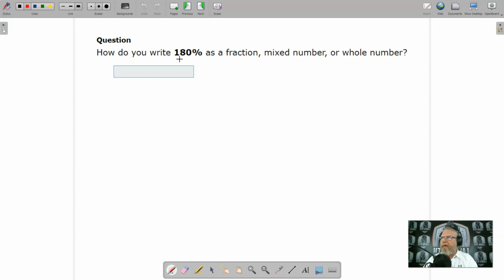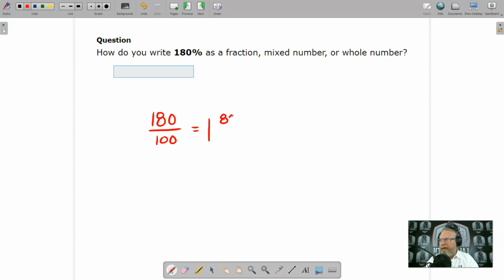How do you write 180% as a fraction, mixed number, or a whole number? Well, let's go with that improper fraction concept first. I want a fraction. 180%, or 180 parts of 100. Well, this is an improper fraction. 100 will go into 180 once.